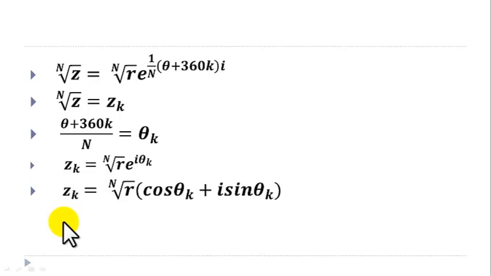And this we can express in terms of cos and sine as zk equal to nth root of r into cos theta k plus I sin theta k.